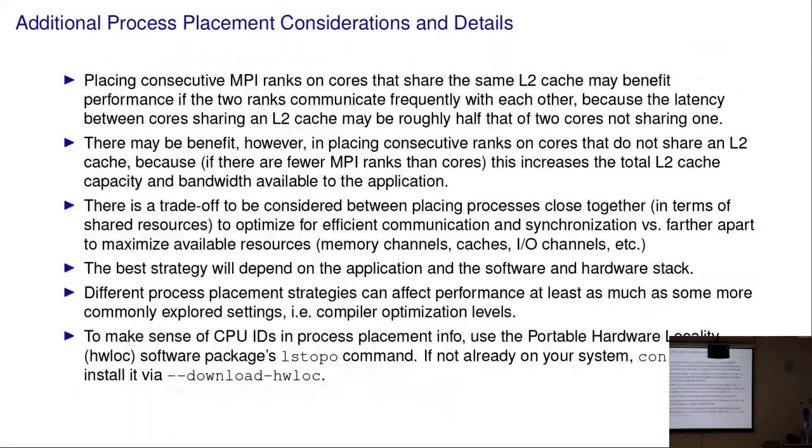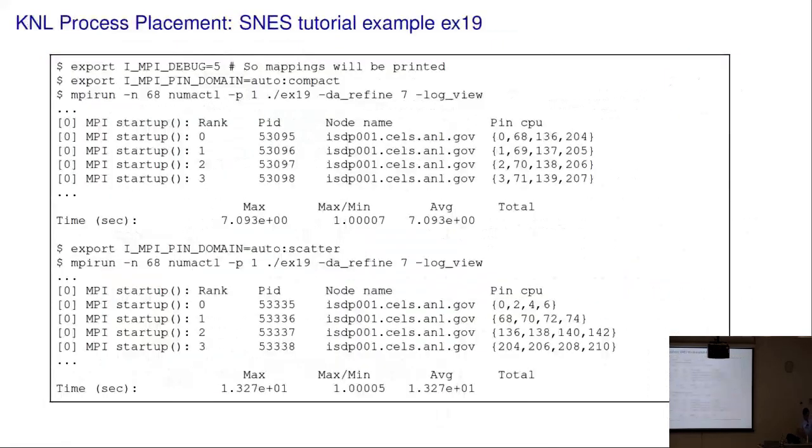And I actually have an example here. This is on a KNL node, and I'm using Intel MPI. Intel MPI offers this environment variable, I_MPI_PIN_DOMAIN, and it has some shortcut options to help you do the usual mappings you might do.